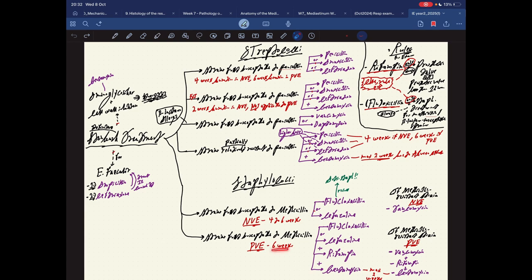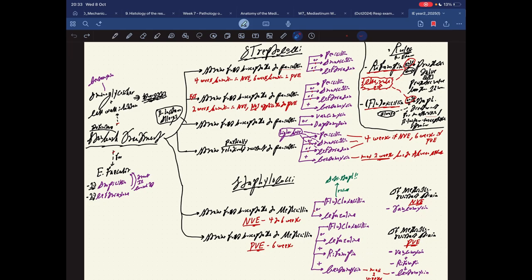We would keep the treatment for 6 weeks, and because again it's a staphylococci species, we would give flucloxacillin or ceftriaxone, and because this is a prosthetic valve, we would also add rifampicin, and we would add gentamicin.